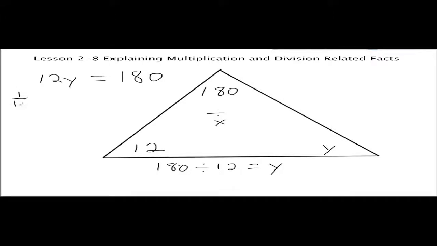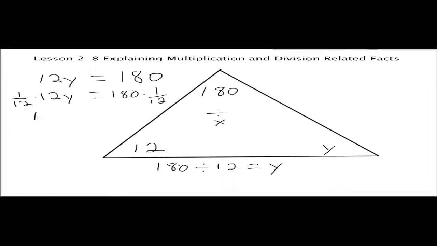1 over 12 times 12y is equal to 180 times 1 over 12. I've multiplied both sides of the equation by the same amount, 1 over 12, so it's still equal. And now I've used the reciprocal of 12. So 1 over 12 times 12 is just 1.